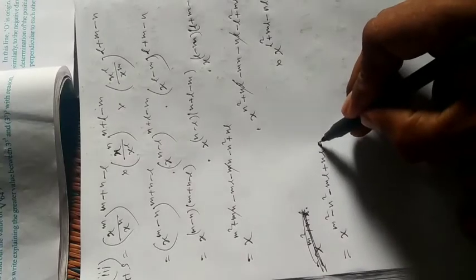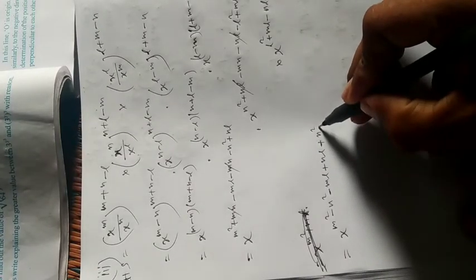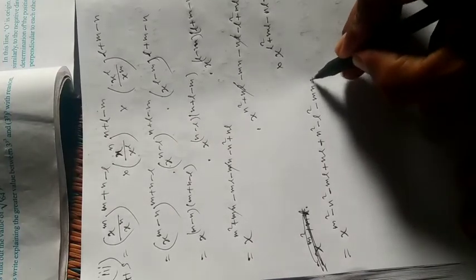Okay, here nl cancels, plus n square minus L square minus mn plus ml, plus, now here ml cancels, now here L square minus n square minus nl plus mn.